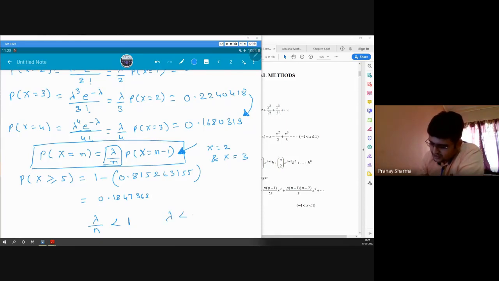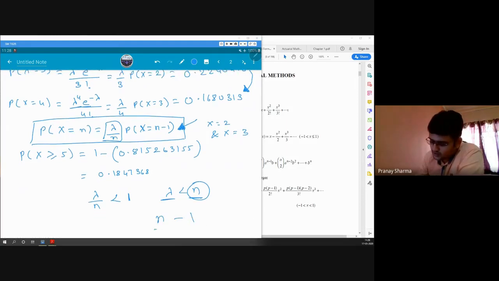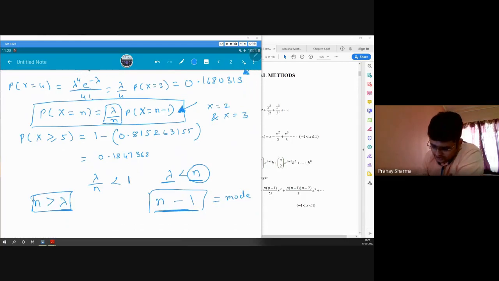So lambda less than n. The point of n that is just beyond lambda, and then the n minus 1 value becomes equal to our mode. The point of n that is just greater than lambda, that point is where our probability becomes lower. So our mode will always be n minus 1 of that value.